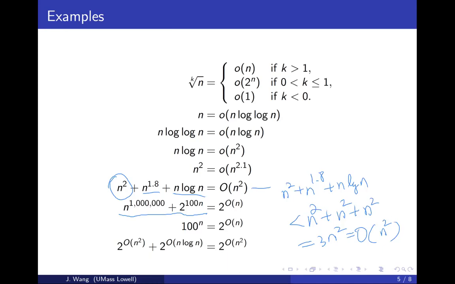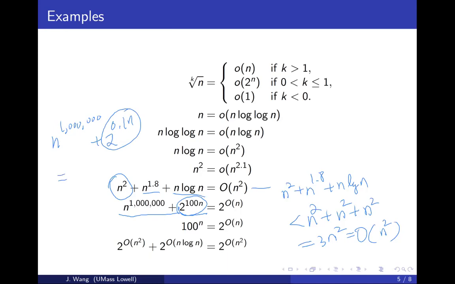When n goes to infinity, we know that 2 to the 100n is the dominant factor. Even with 2 to the 0.1n, it is still the dominant factor when n goes to infinity.